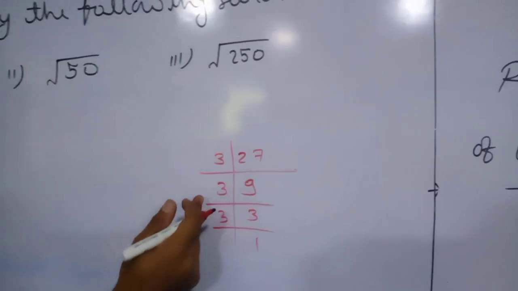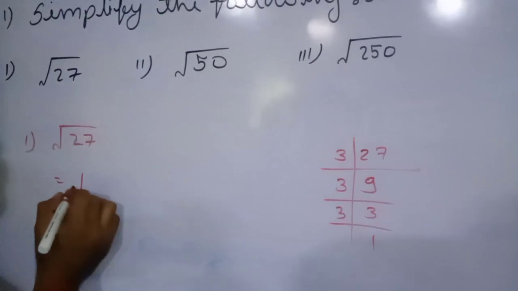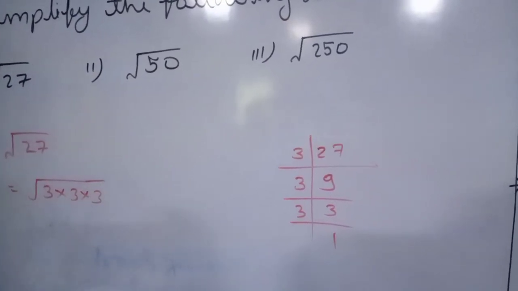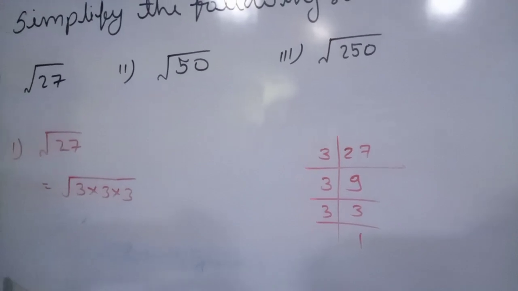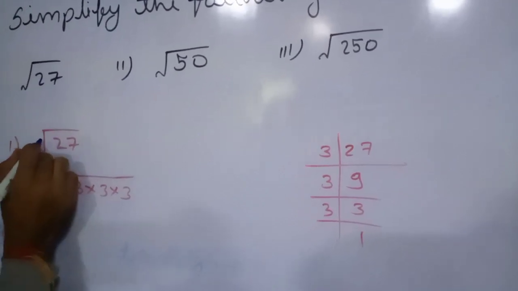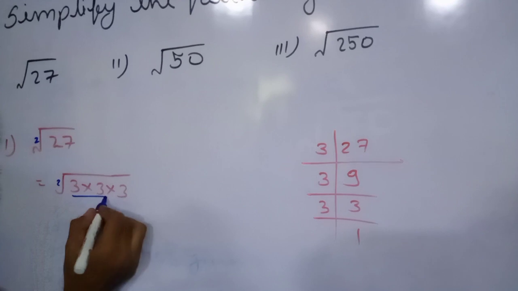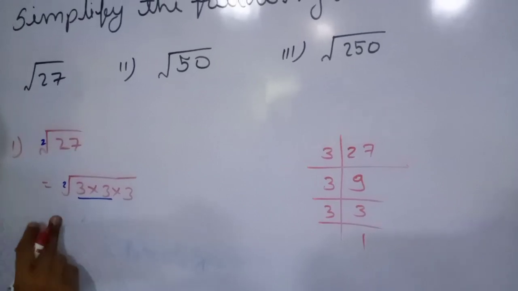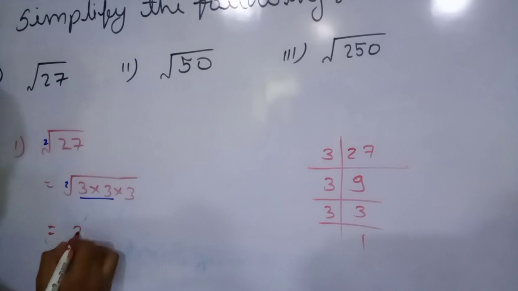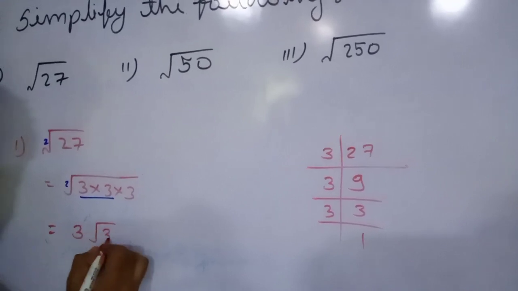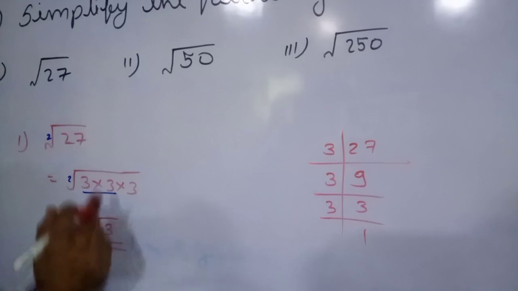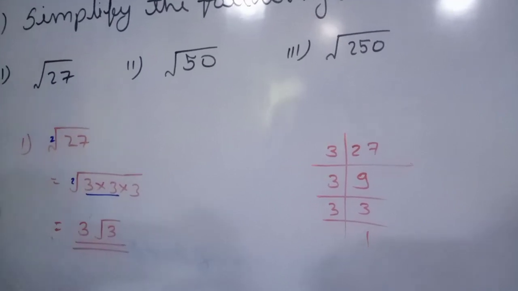So we can say 3 into 3 into 3. As we learned, nothing is mentioned, that means order is 2. So we have to make the pair of 2. 3 comes out and within the root we have 3. This will remain. So 3 root 3 is the simplest form of the first one.